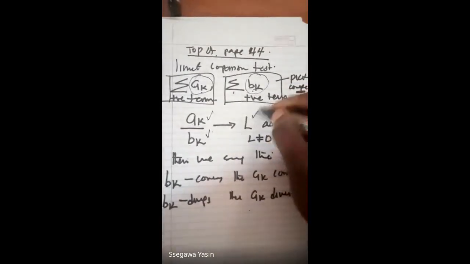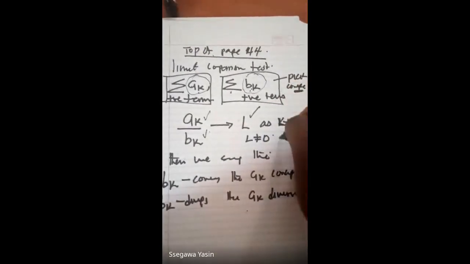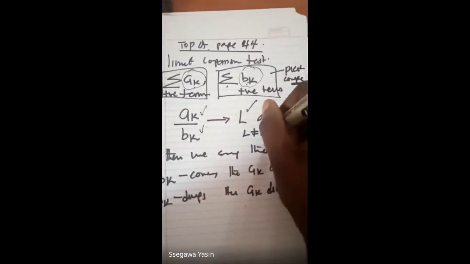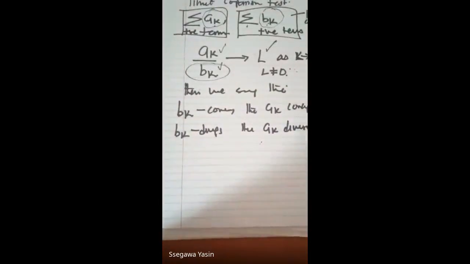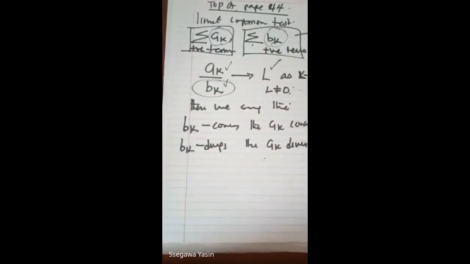Then you take a limit. After taking a limit, if you get an answer which is not 0, then you make your own conclusion: if the one which has been given, or which you have picked, is convergent, then you also determine that the other one converges. That is the only thing we need to know.